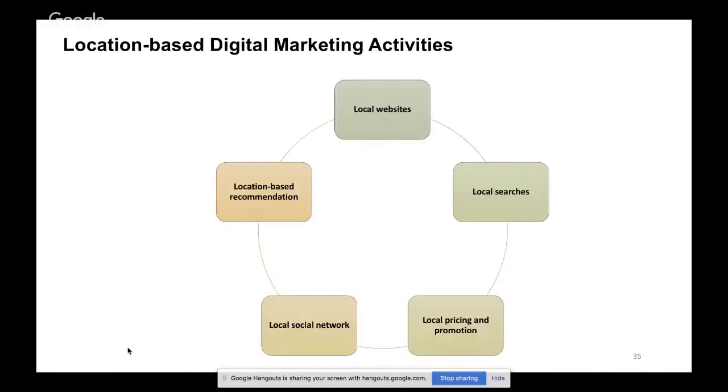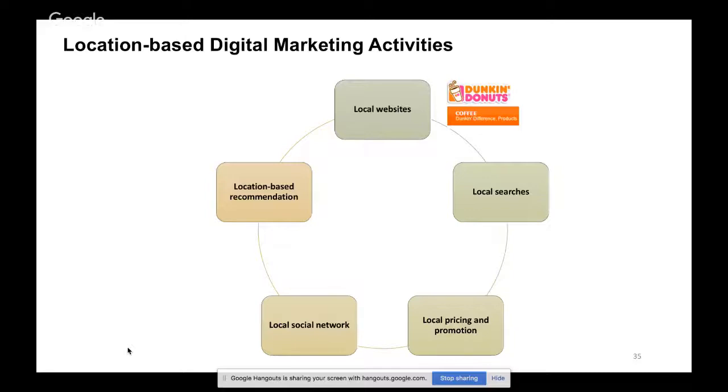Okay, and here I summarize a set of digital marketing activities that can be used by using the location information that is available in basically any types of mobile app.